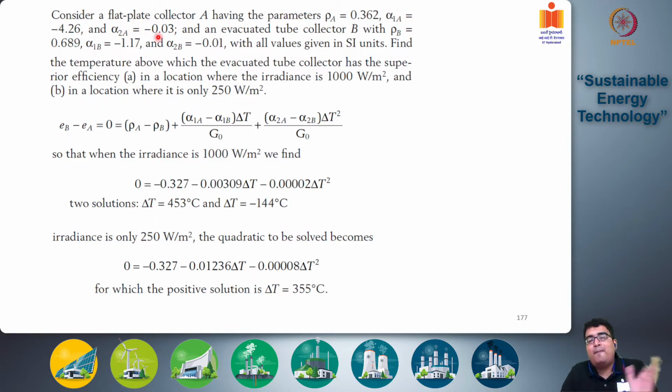We are comparing this with an evacuated tube collector with reflectivity of 0.689 and alpha 1B as minus 1.17 and alpha 2B as minus 0.01.